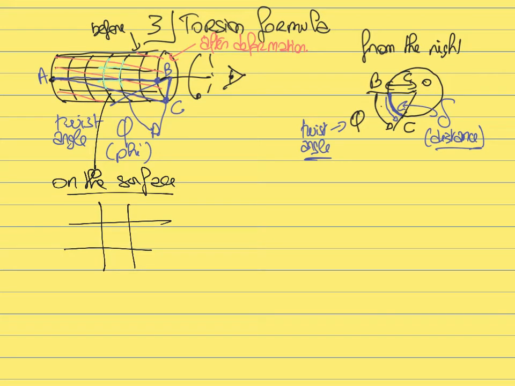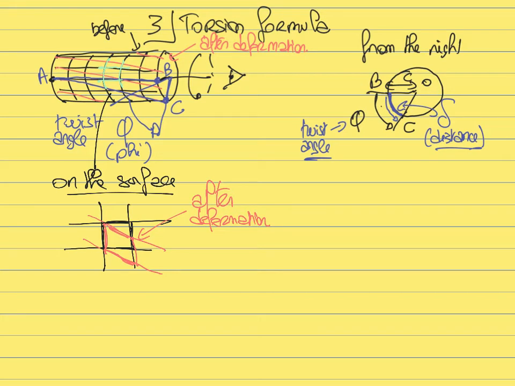After the deformation, the lines that used to be horizontal have tilted with respect to the horizontal axis, so those small squares now become a diamond shape. This is after the torsion deformation.